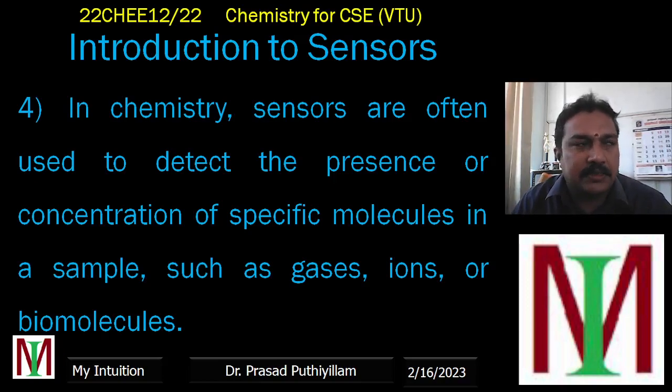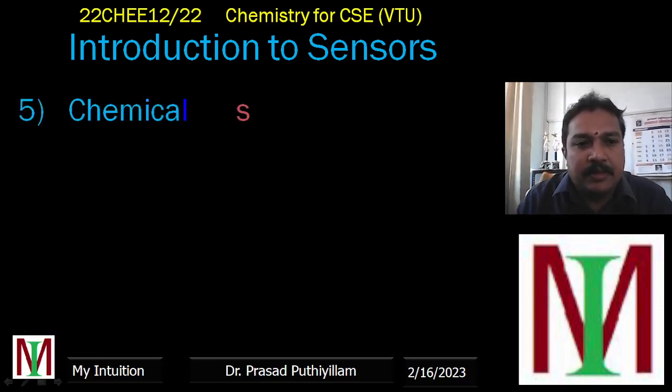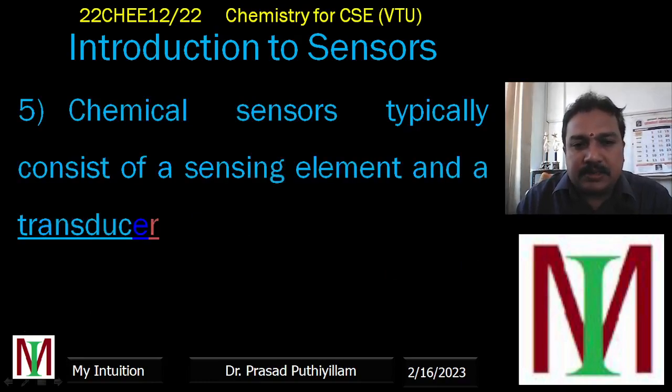Either it may be in gaseous state or it may be in liquid state. Liquid state means it becomes ions, or even biomolecules like bacteria, viruses, micromolecules, other proteins can be detected by using the sensors. Chemical sensors typically consist of a sensing element and a transducer.